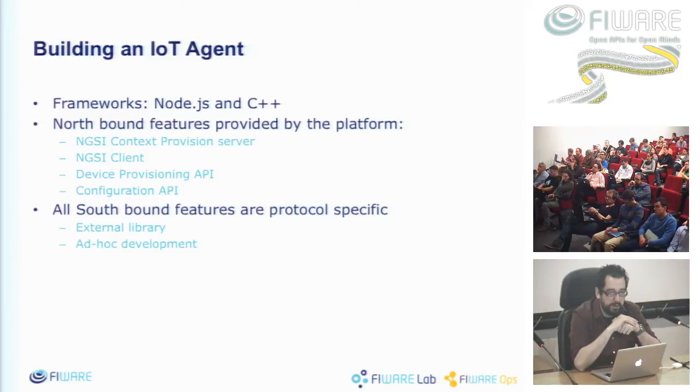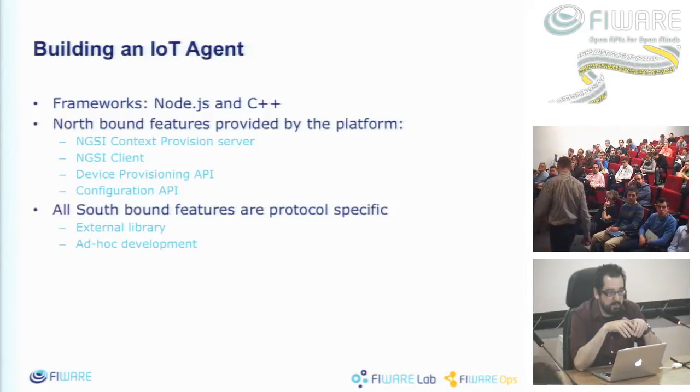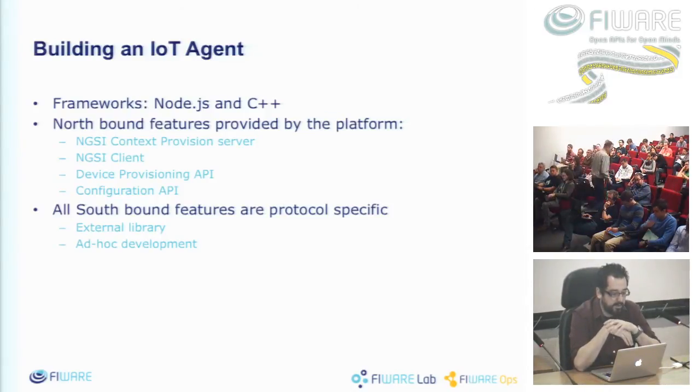One to create IoT agents in Node.js, and the other one in C++. The orientation of those frameworks is a bit different, and I suggest you read the documentation in order to know exactly what mechanisms you have to follow in order to create those IoT agents.